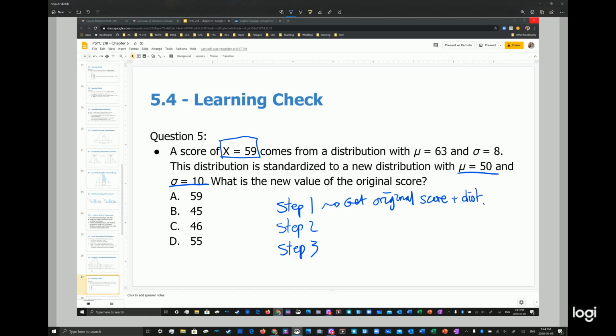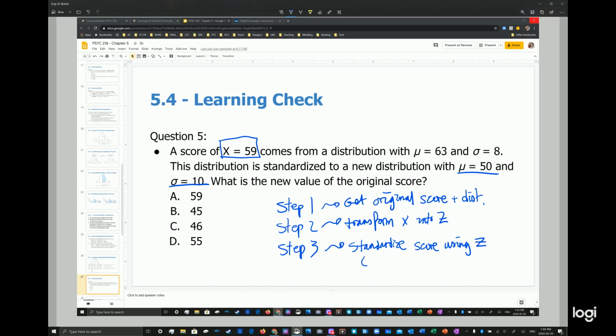I'm going to write shorthand. Transform x into z, right? And then standardize the score using z.